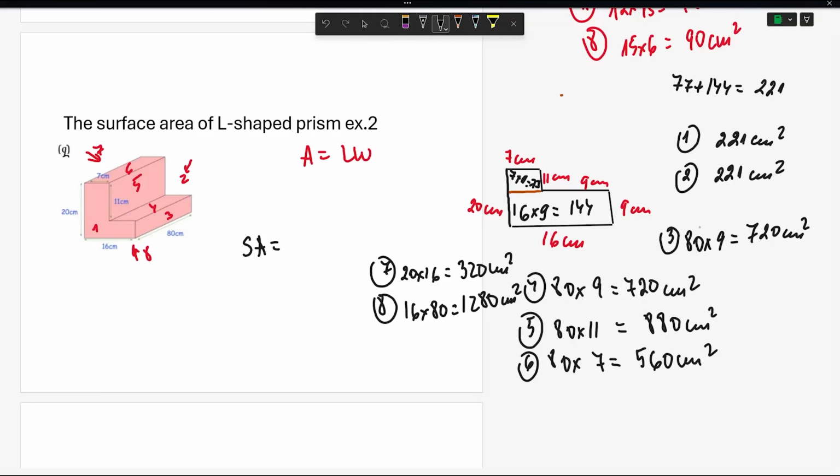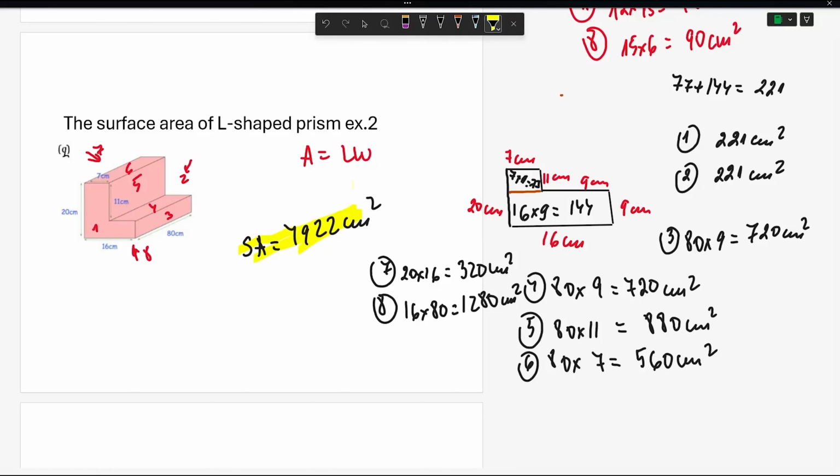And my surface area is 4922 centimeter square. So now I have my surface area of my L-shaped prism.